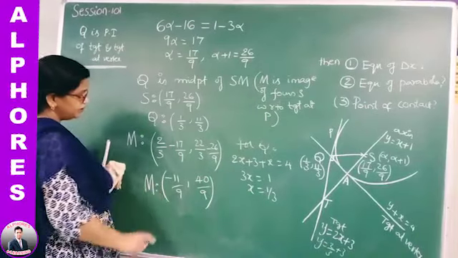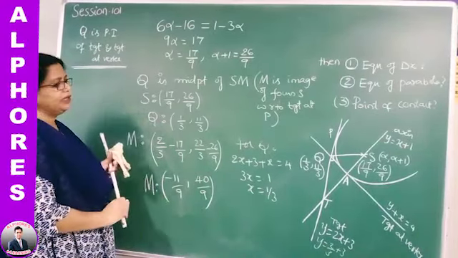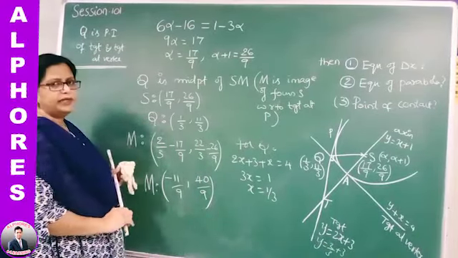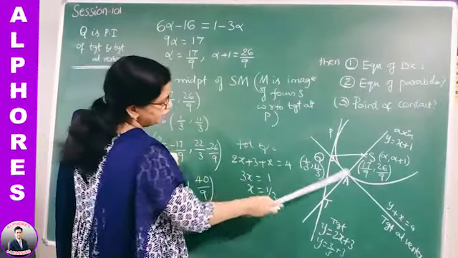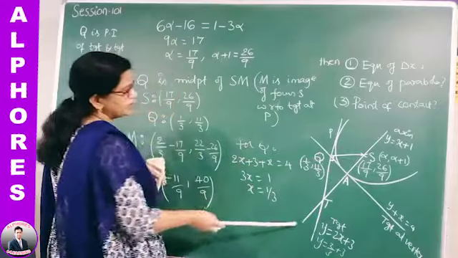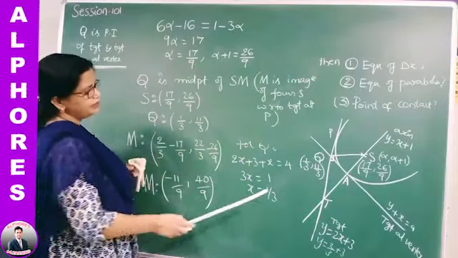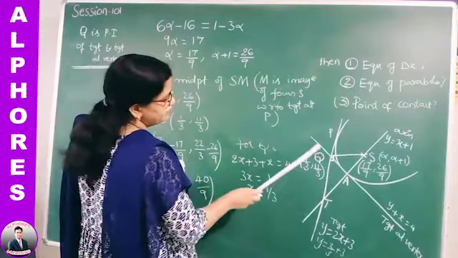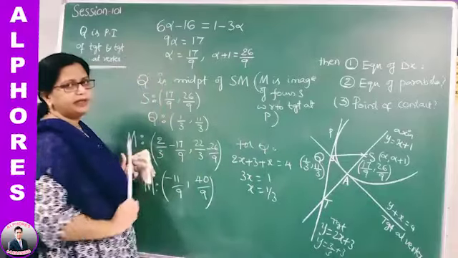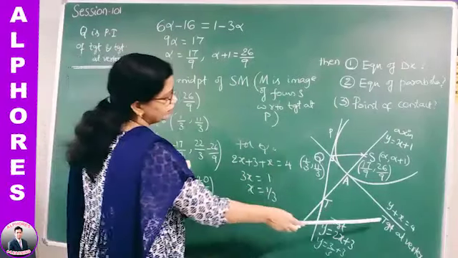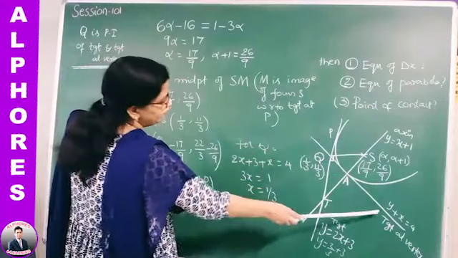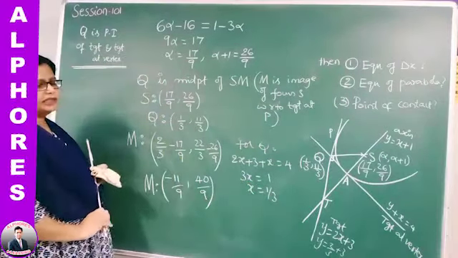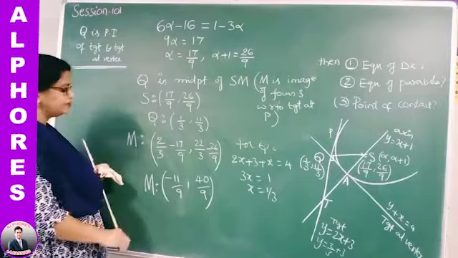And once you know the coordinates on the directrix, what about the equation of the directrix? Of course in this problem they gave the tangent at the vertex as well as the axis. So you can make use of it: the directrix is parallel to the tangent at the vertex. Therefore the slope of the directrix is minus 1.